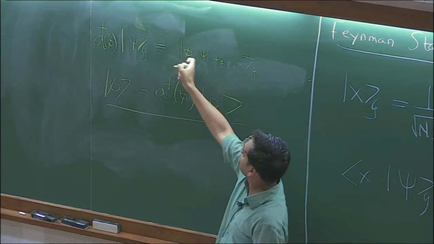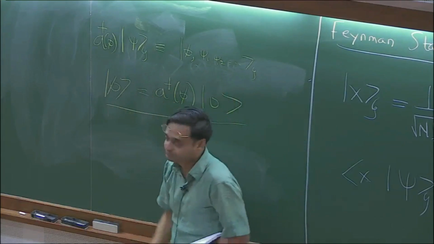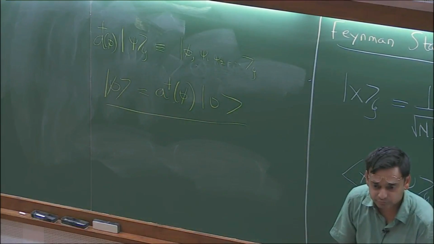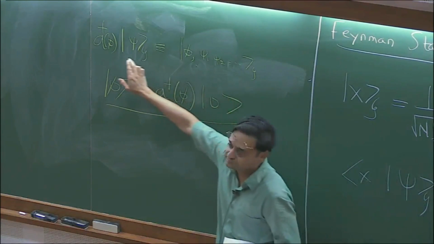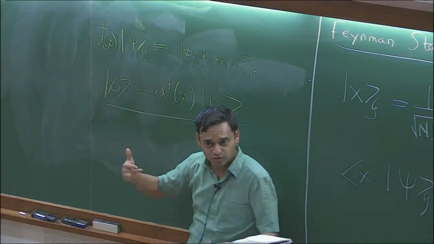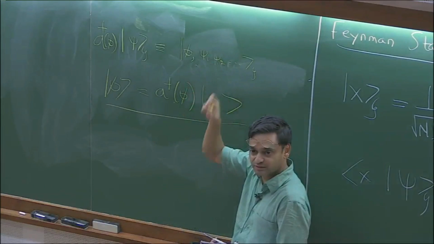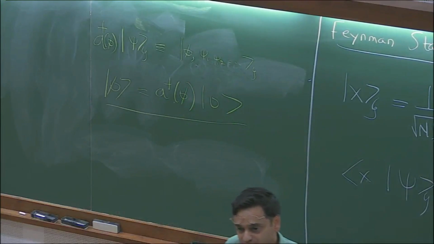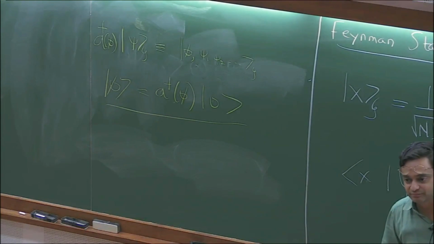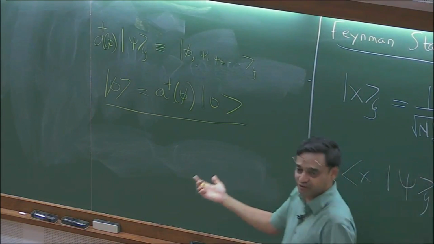If you add a particle in this orbital to a pre-existing collection of particles in orbital psi 1, psi 2, you get that, right? Okay. This definition is general. It could be 0. The action of A dagger phi on psi could give you 0. In the fermionic case, it will give 0, because if phi matched one of these orbitals, when I do the anti-symmetrization, I get 0, which is a way of automatically enforcing Pauli exclusion, right? So this formalism knows about Pauli exclusion. It's constructed to know about Pauli exclusion.